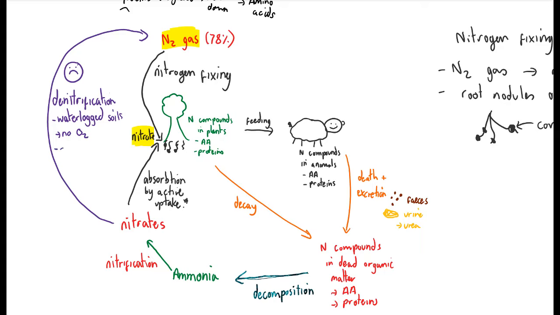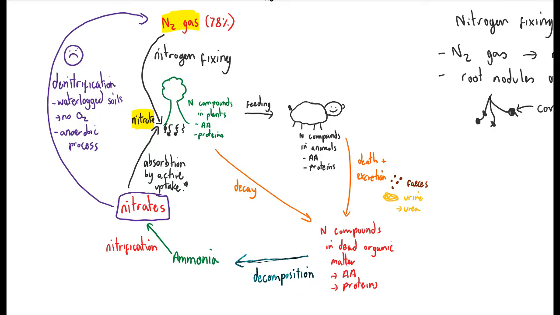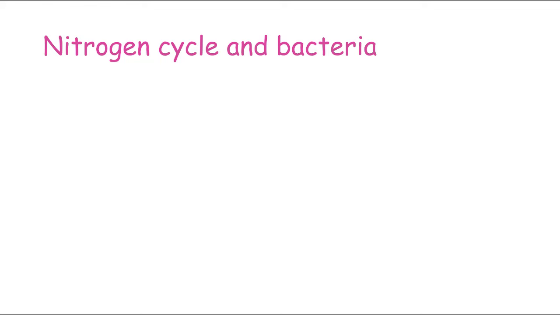So this is an anaerobic process, and it is bad for the environment because it removes nitrates from the soil and converts them to nitrogen gas. And that is the entire nitrogen cycle. Now there's still some extra wee bits of detail in each part, so let's have a look at each one.